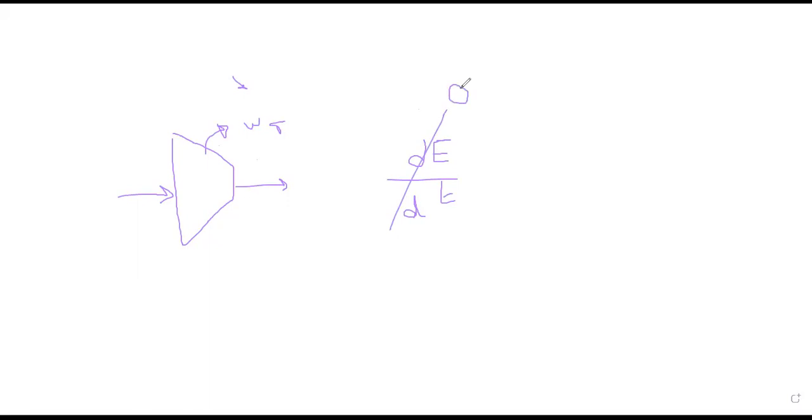Steady state means no change with time. So dE by dt is equal to minus W dot turbine, minus because I'm losing this work, plus m dot in h in. So we are lumping here the energy and the work done at the inlet. So plus m dot in h in minus m dot out h out equals 0.